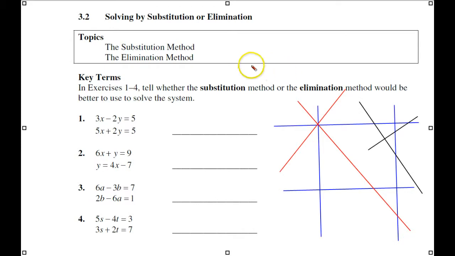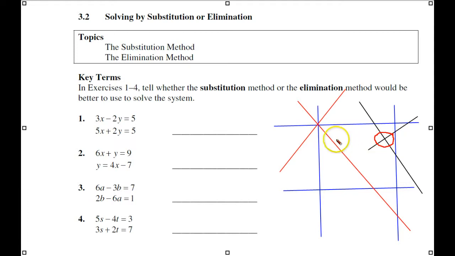Now, in section 1, we did graphing. So if the line of our graph falls right over the grid line, then you could pick that out pretty well, whatever that point happens to be. But if they intersect in some point away from the grid line, then these are not whole numbers.